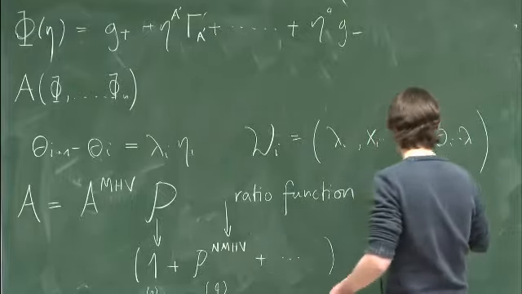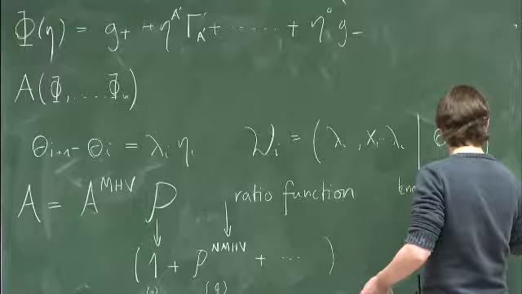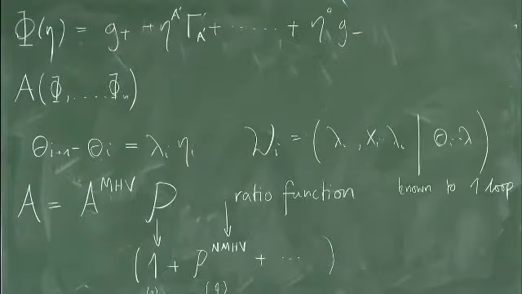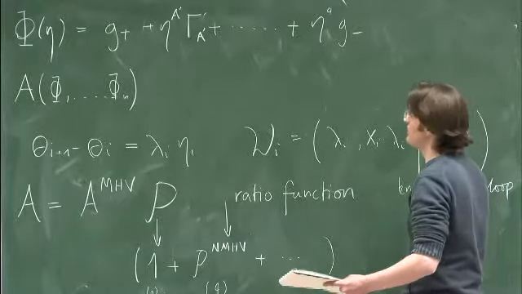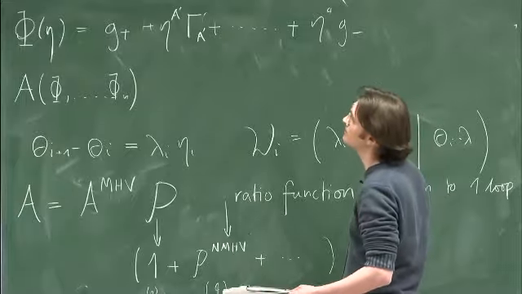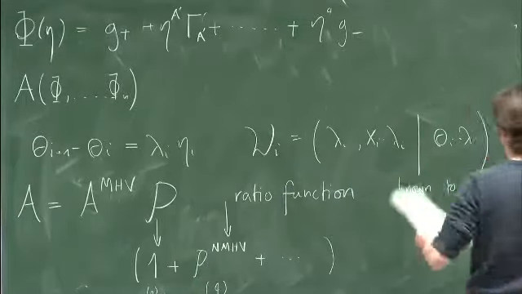And this is only known to one loop, or at least before our analysis. And now let me describe a little bit about its structure.